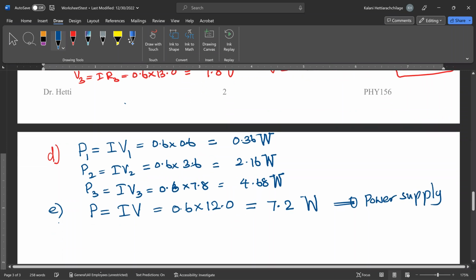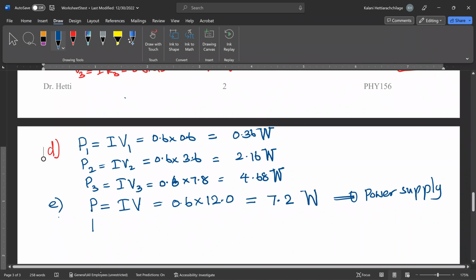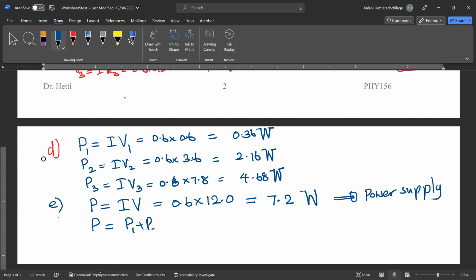So now each resistor will do the power dissipation. That will be P1 plus P2 plus P3 from the 3 resistors. Now I have the values on the top, all of them: 0.36 plus 2.16 plus 4.68. If you add them all, you also get 7.2 watts. So that will be from the resistors.